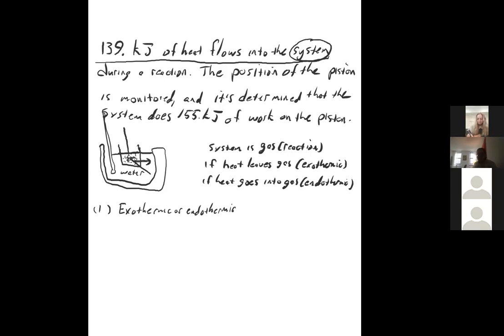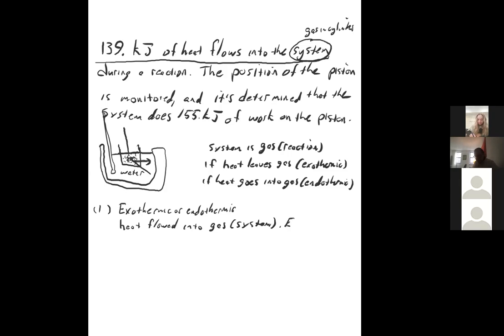So be careful, the word system here means the gas in the cylinder. If they say that heat flows into the gas or into the system, then Q is positive and that's an endothermic process. So heat flowed into the gas, which is the system.